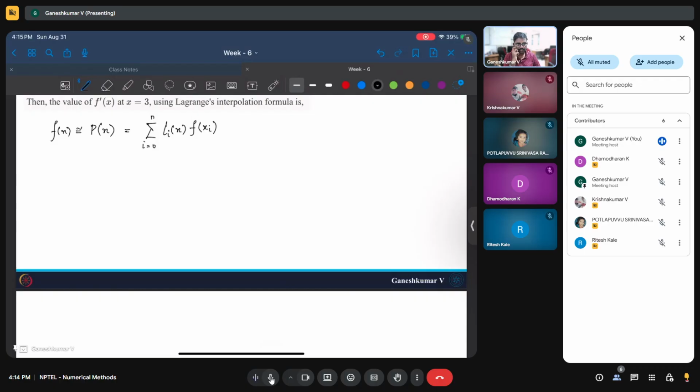So this l i is the Lagrange coefficient, and f of x i is what you know from the table.